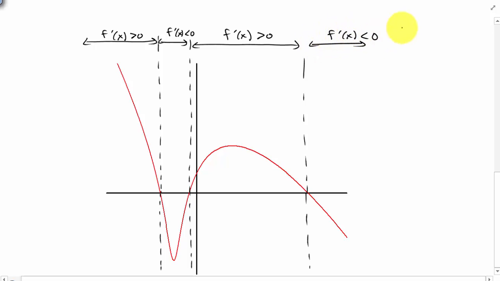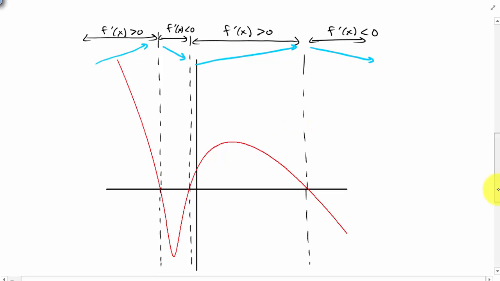Okay, all right. Let's draw the arrows right below. So my function right here is going to be increasing, then decreasing, then increasing, and decreasing again. All right, I think I know how it goes. So now let's draw the second set of vertical lines for the increase and decrease of the derivative itself.